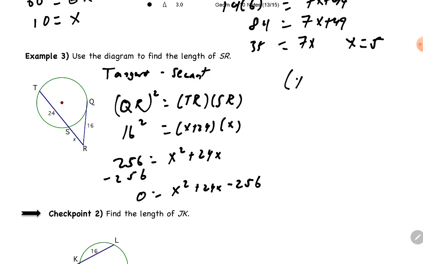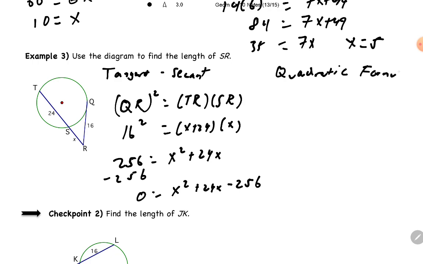And let's see what we'll get if we factor this. So two numbers that multiply to 256 and add up to 24. Alright, let's see here. So, I don't think this is factorable. So we're going to have to use the quadratic formula.